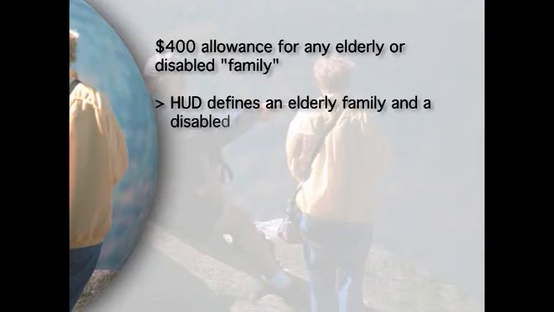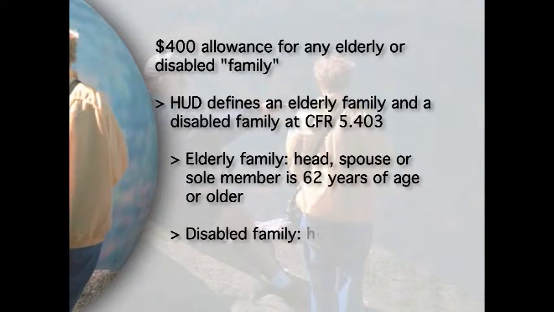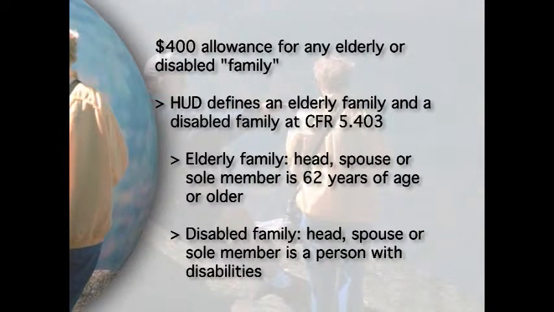The second deduction is a $400 allowance for any elderly or disabled family. HUD gives us the definition of what an elderly family is and a disabled family under CFR 5.403. An elderly family is where the head, spouse, or sole member is 62 years of age or older. A disabled family is where the head, spouse, or sole member is a person with disabilities.